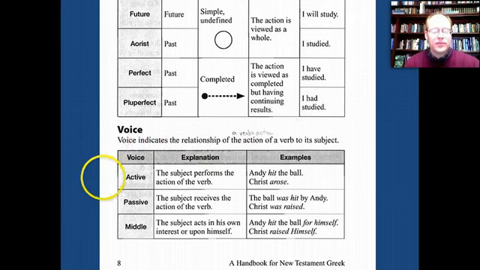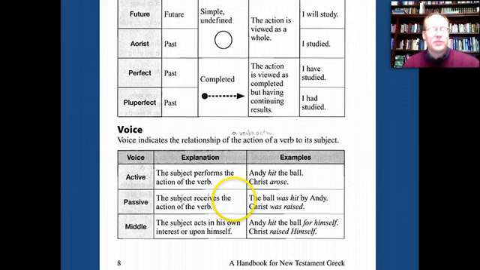In the active voice, the subject performs the action of the verb. For example, Andy hit the ball and Christ arose. Hit and arose are both active. The subject is doing the action. With the passive voice, however, the subject receives the action of the verb. The subject doesn't do the action, the subject receives the action.